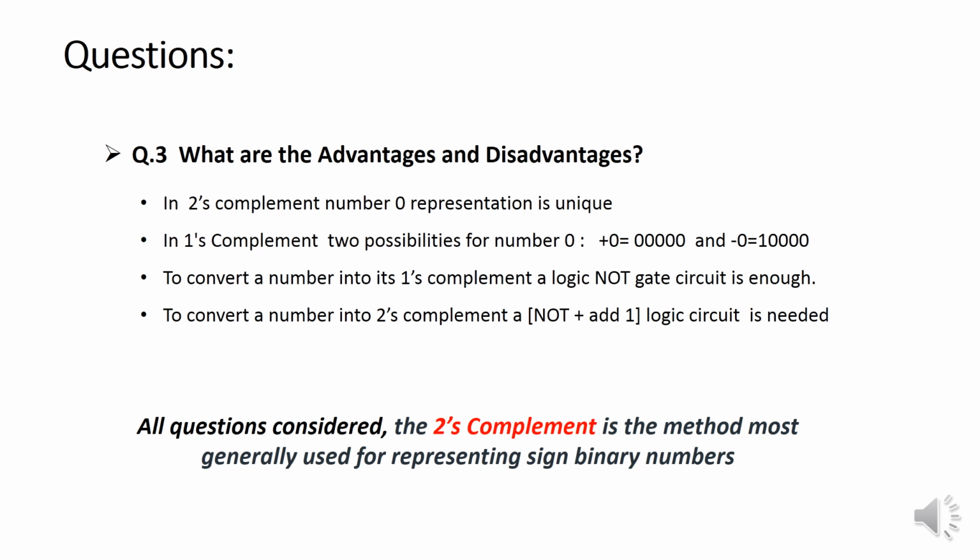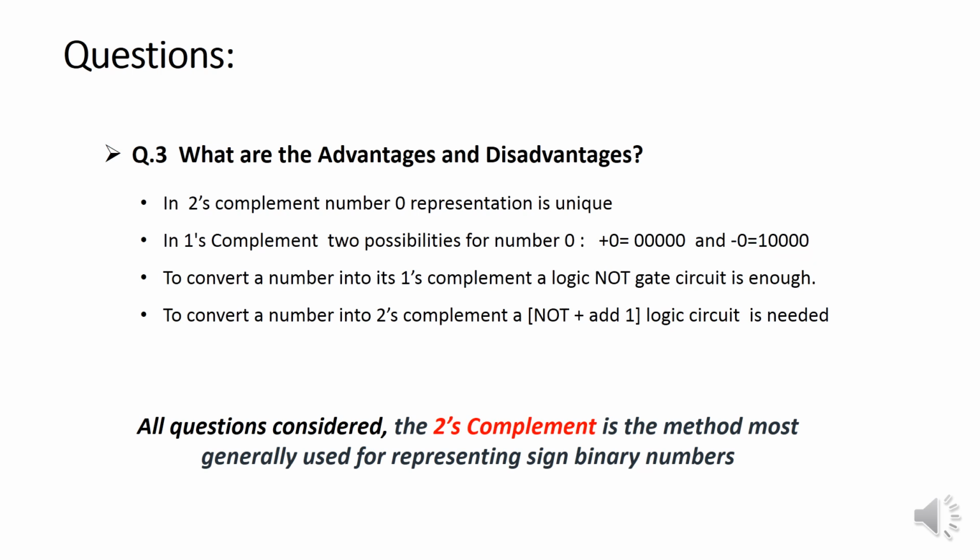And the third question is, what are the advantages and disadvantages of using either 1's complement or 2's complement? The advantage of using 2's complement is that there is only one possibility for the number 0 representation, whereas the 1's complement has the disadvantage that it results in two possibilities for number 0 representation, plus 0 and minus 0.